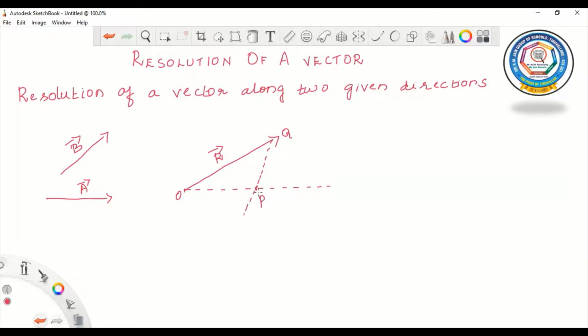So these two lines are meeting at this point.